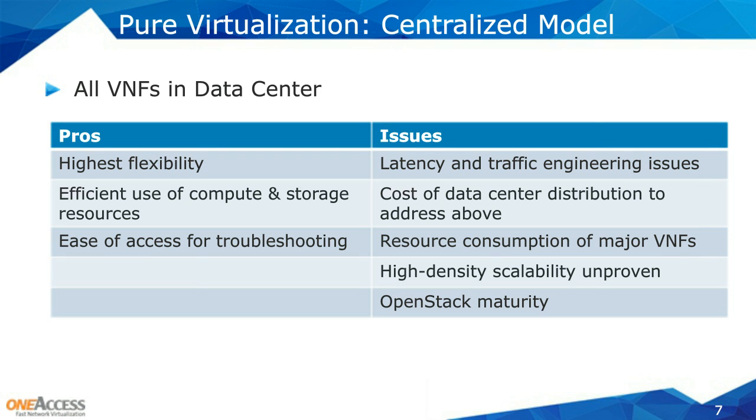But those data centers are expensive to build. They need to put a lot more equipment in place for the compute and storage resources, and they need to put in place a lot of software to drive that. Even if some of it's open source, there are a lot of cost issues associated with that.